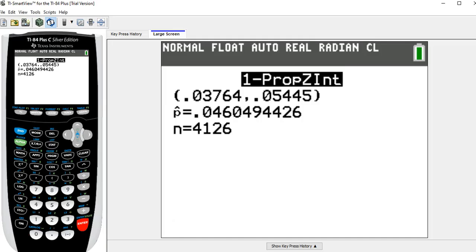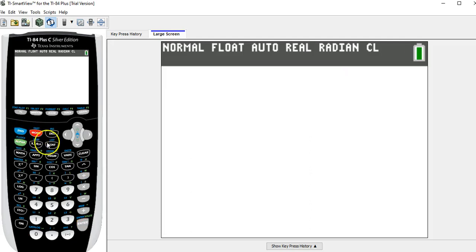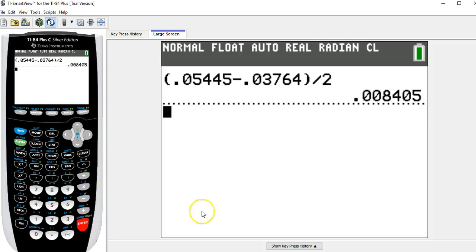So let me go back to the calculator. What I'm going to have to do is take the difference of those two numbers. I'll start with a parentheses, 0.05445, subtract off the lower bound, 0.03764, and the margin of error is half the width of that interval, so I'm going to divide by 2, and I get 0.008405.